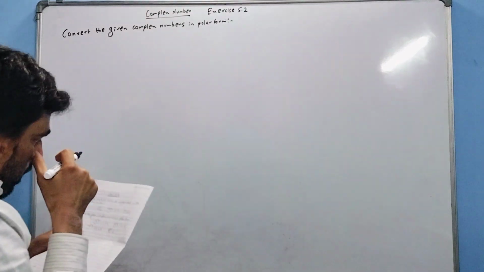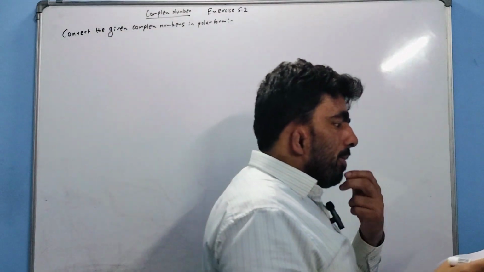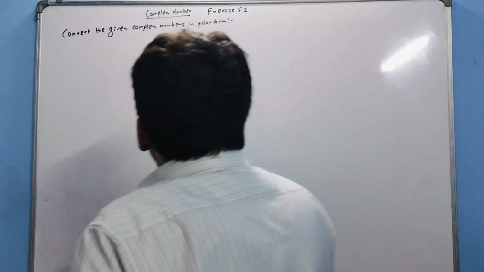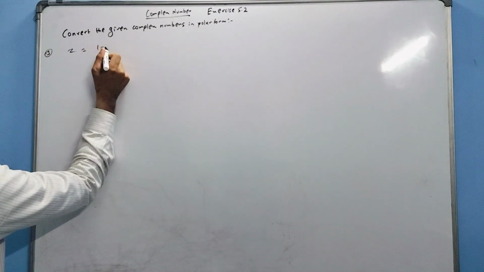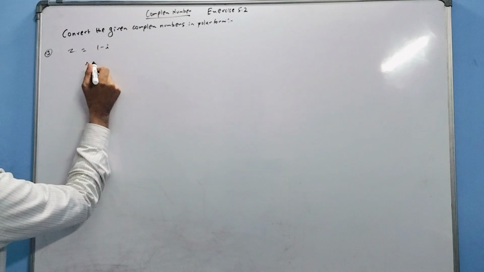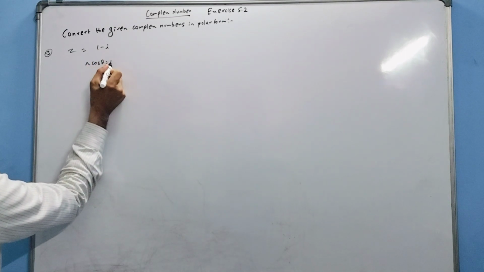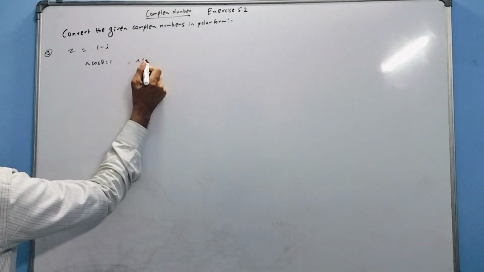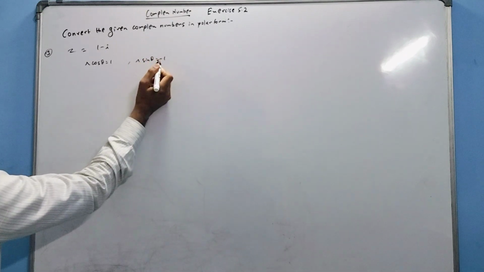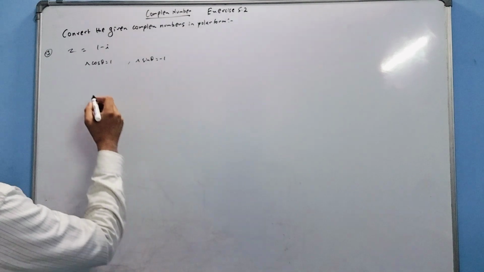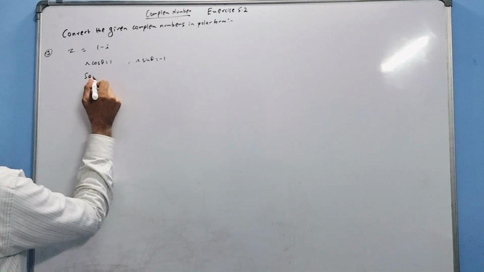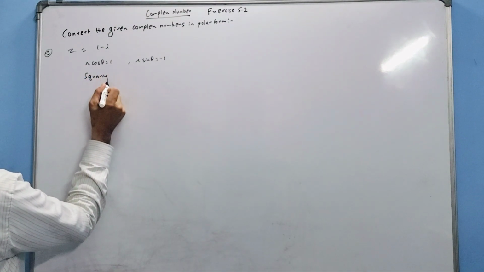Let us see how we can do it. The first complex number they have given is 1 minus i. So this is the third question. They have given z is equal to 1 minus i. Here we can say r cos theta is equal to 1 and r sin theta is equal to minus 1. Now we'll do the same thing, that is squaring and adding.